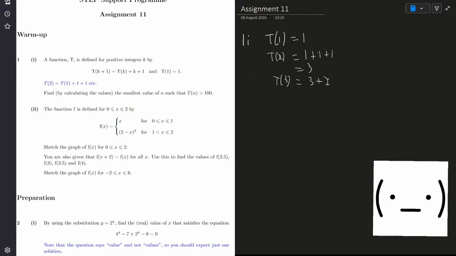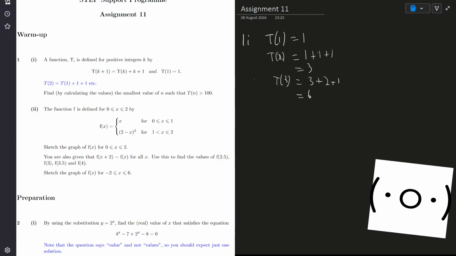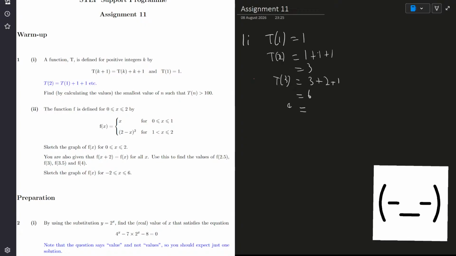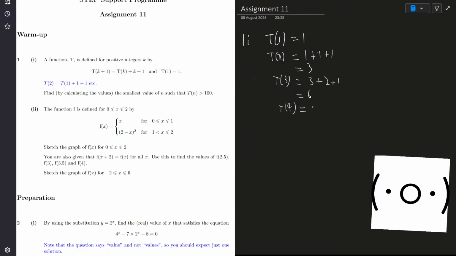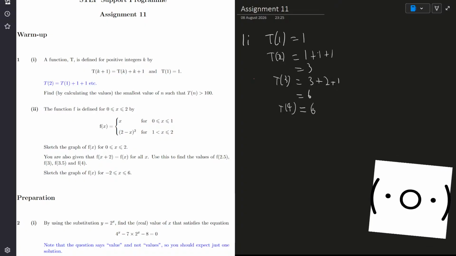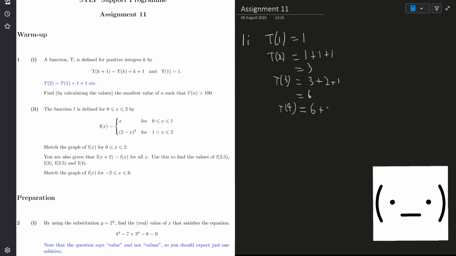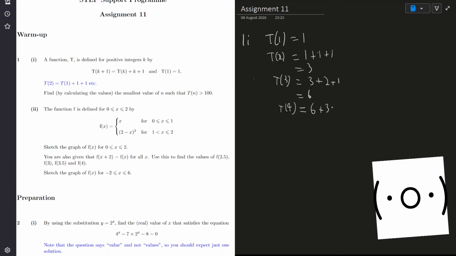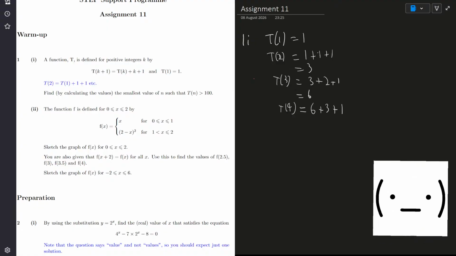It's 2. And then plus 1 again, so it's 6. And then so for 4, it's starting to reach a pattern, which you can see. It's probably going to be 6 plus, wait, what? 6 plus 2, yeah, 6 plus 2 plus 1. So, yeah, that's our pattern.